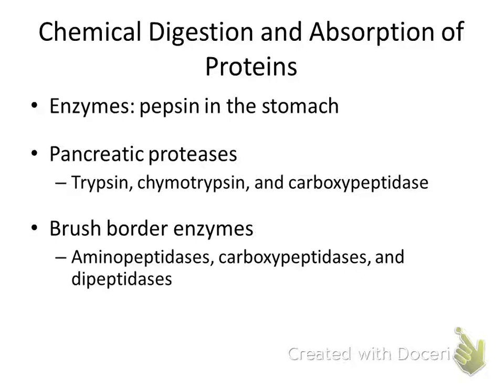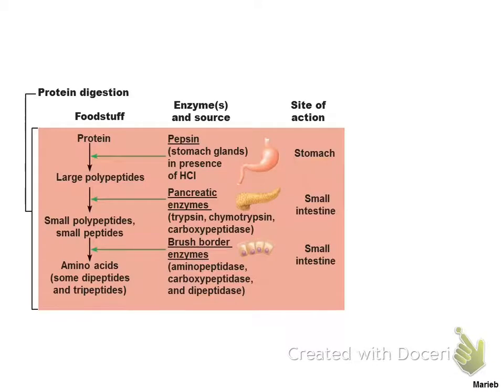So if we go back to our chart, notice they're once again showing us the enzymes and who is making them. They're also showing us where those enzymes act. It shouldn't be surprising that the pancreatic enzymes are once again acting in the small intestine because that's where they're secreted to.